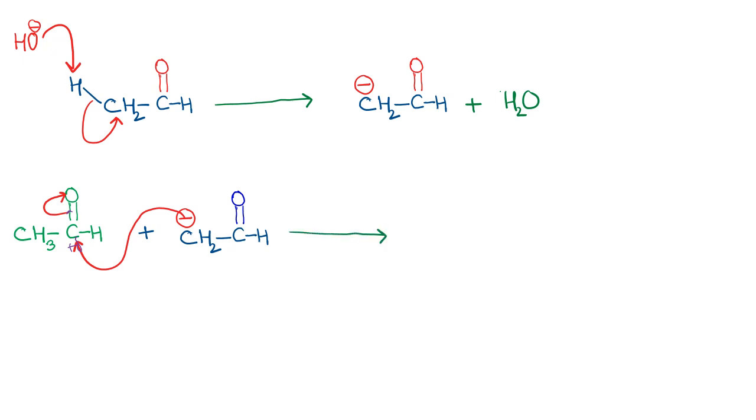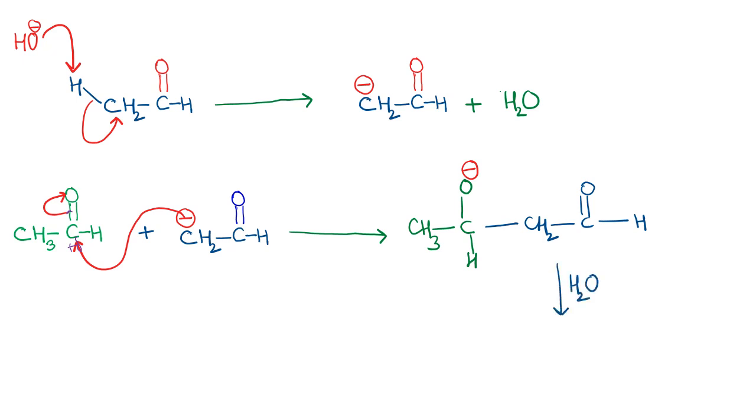So we are getting a structure where these two carbon units are joined together to give a 4 carbon molecule with a minus charge. And because water is available in the system, O minus takes the proton, and we get OH from O minus.